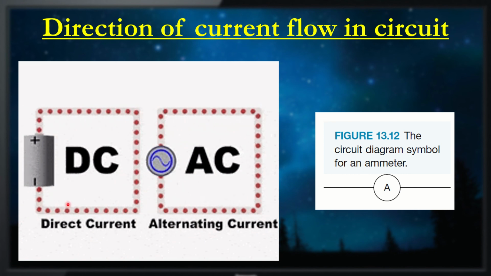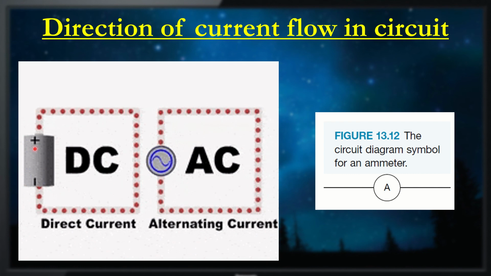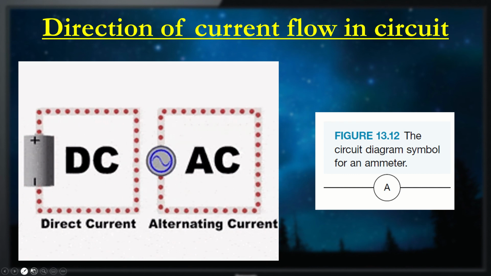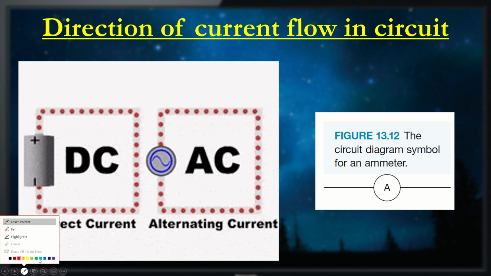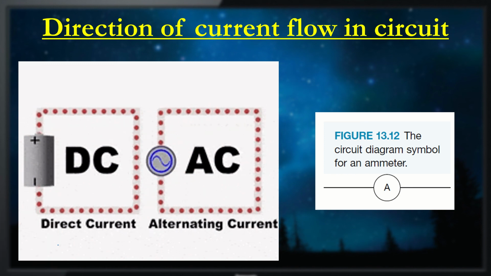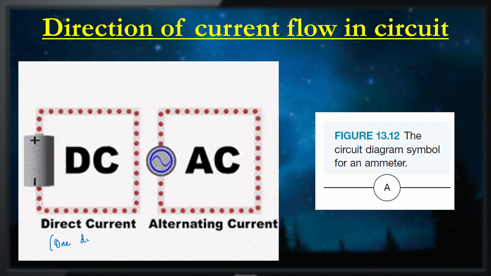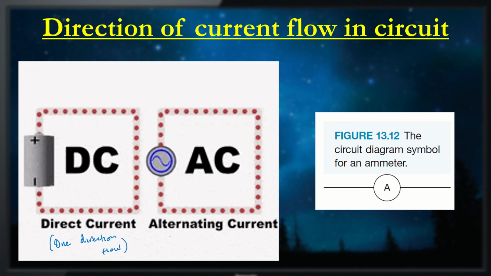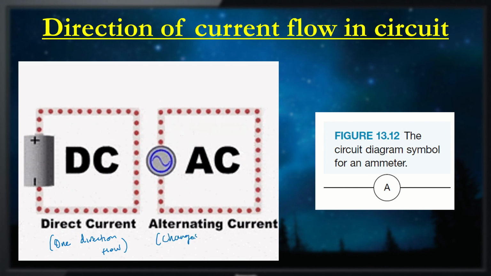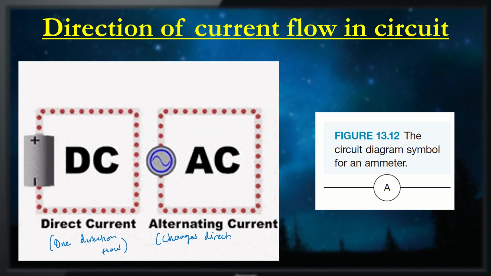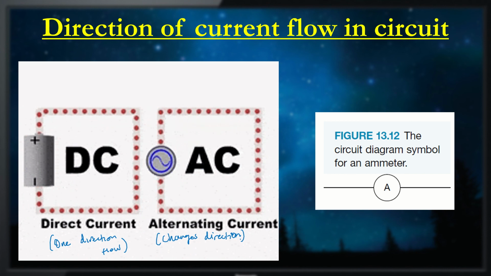In terms of the movement of the charges, DC is just moving in one direction, and AC is going backwards and forwards, alternating, basically following its name. So DC is one direction flow, while the alternating current changes direction. Okay, so that's what you see here.